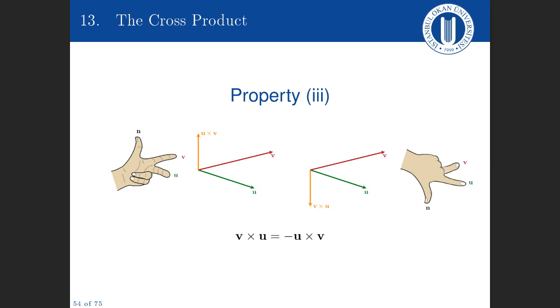But if instead we wanted to do V cross U, then the first vector is V. So we hold our hand so that our second finger is pointing in the same direction as V, and our first finger is pointing in the same direction as U. But then now our thumb is pointing downwards, so V cross U must point downwards. We've only changed the direction, the length of our vectors are staying the same. So V cross U is equal to minus U cross V.